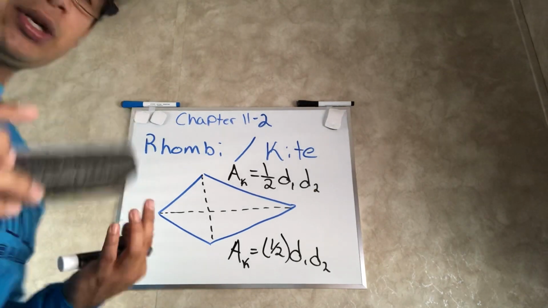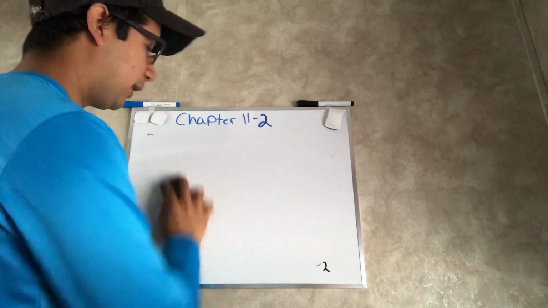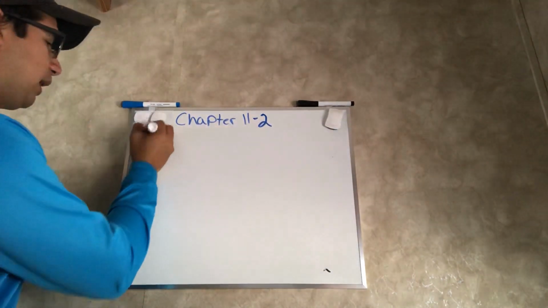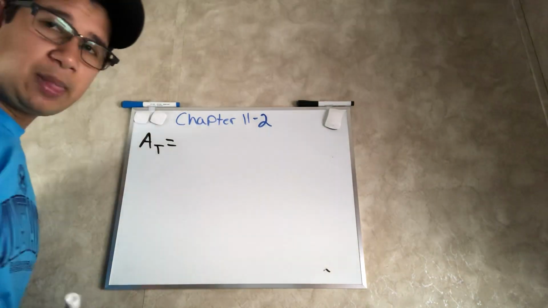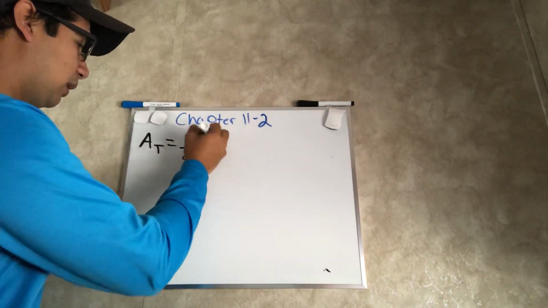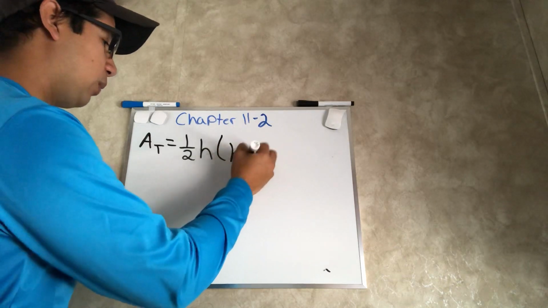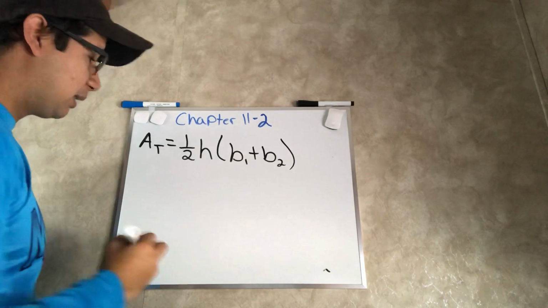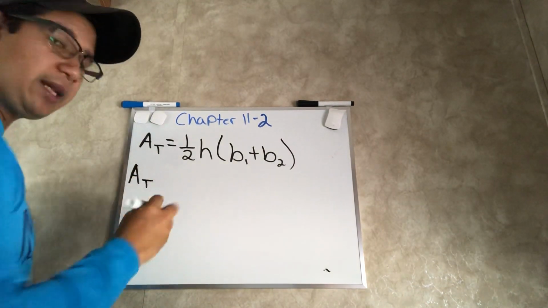So you're going to have questions on the quiz. The first one is going to be, what is the area of a trapezoid? That's going to be 1/2 times your height times base 1 plus base 2. The second question is, how do you find the area of a kite?